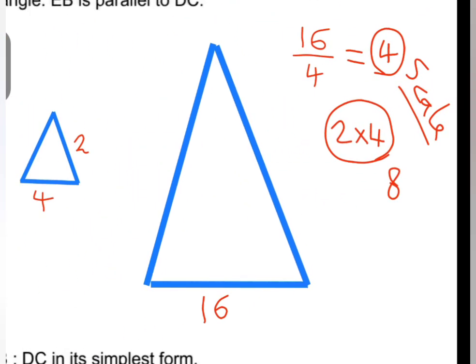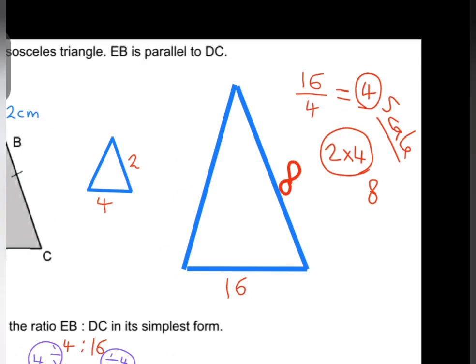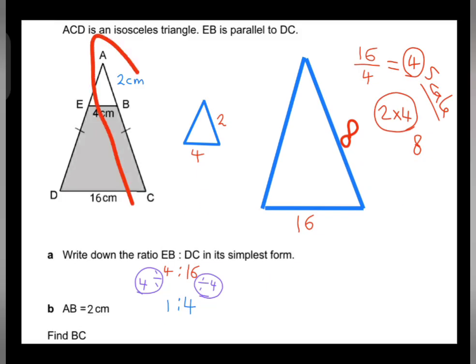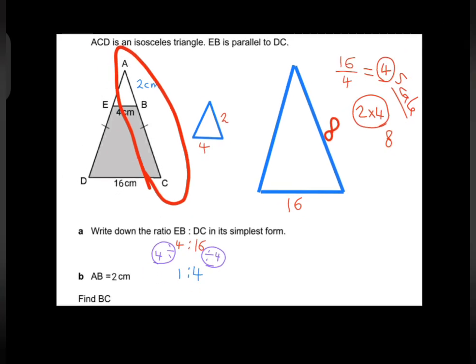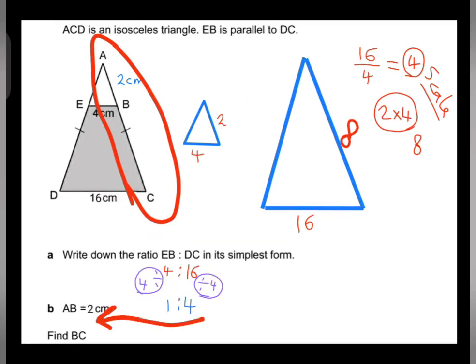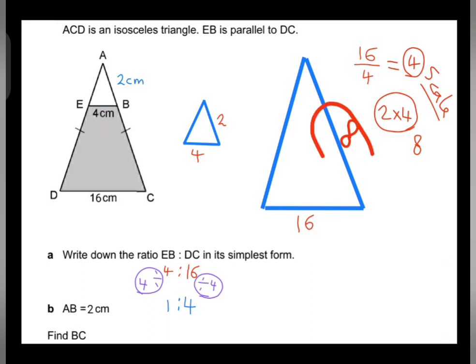So all of this is 8. We write 8 here. So we found AC, the whole line, which is 8 centimeters. And the question needs what? Good job. It needs BC. So from here till here. So how do we find BC? Knowing that AC is 8 centimeters and AB is 2 centimeters, we find BC by subtracting.